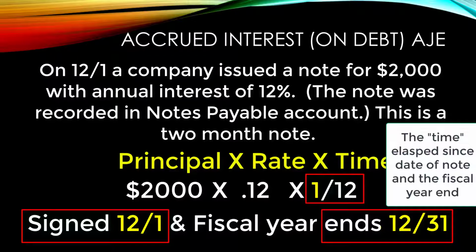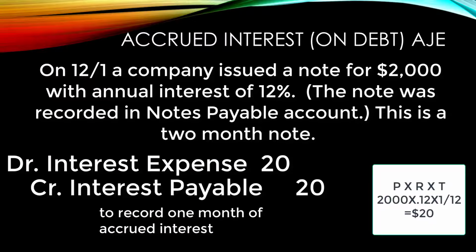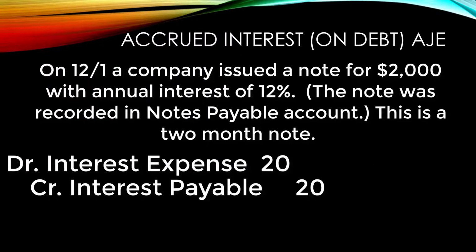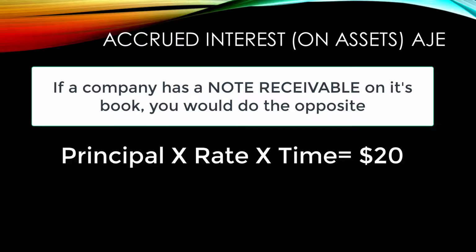The journal entry to do this is a debit to interest expense and a credit to interest payable. The flip side can also be appropriate. If we were owed interest on a similar note, we would record the interest that is due to us.